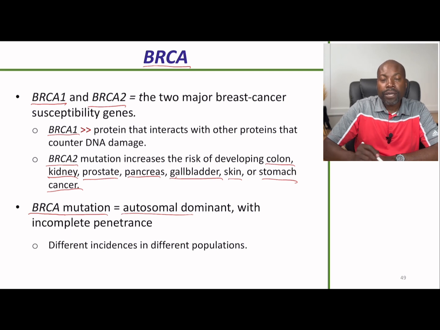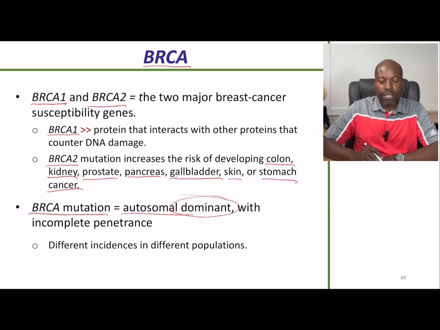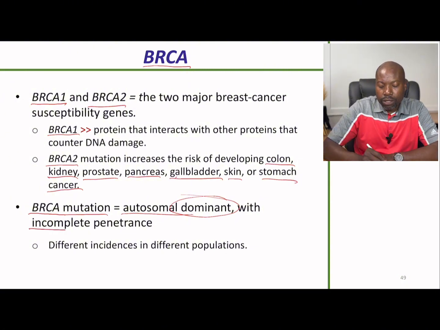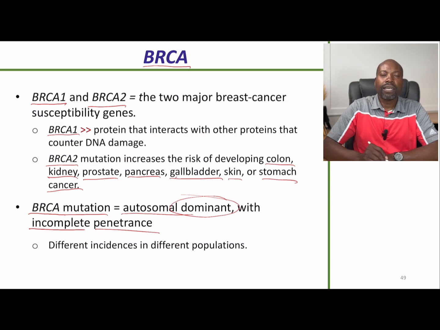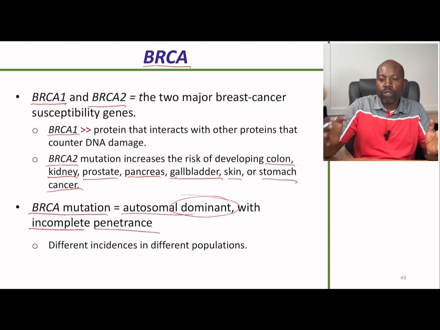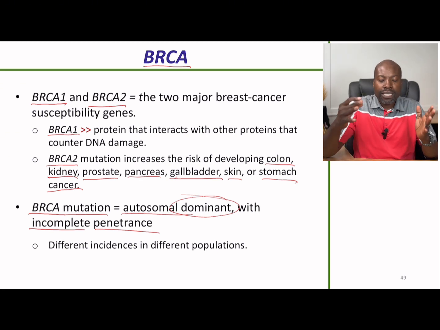And because they are occurring most of the time in autosomes as dominant mutations, these are occurring with what we call incomplete penetrance. And as a reminder, incomplete penetrance means that two individuals with a mutation in the gene are not going to have the same phenotype. That's what it means.